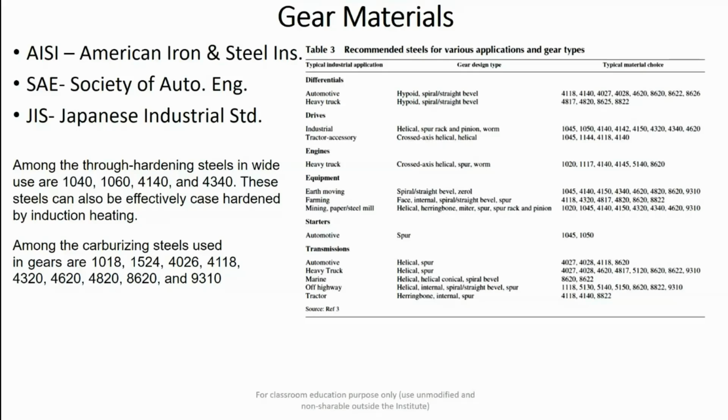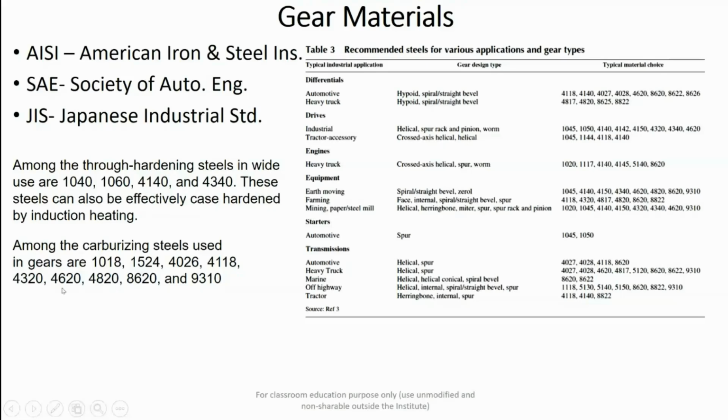Some steels are hardened from the case to a depth, and there are some carburized steels which are hardened only on the surface. For through hardened steels, grades like 1040, 1060, 4140 and 4340 are very popular in industries, and they are easily hardened using the induction heating process.